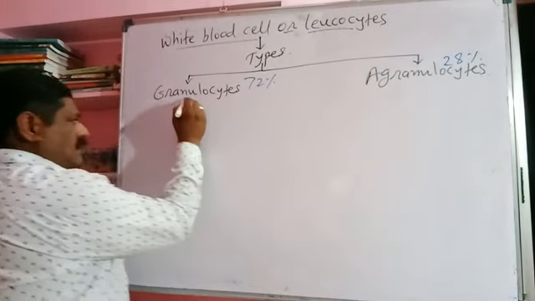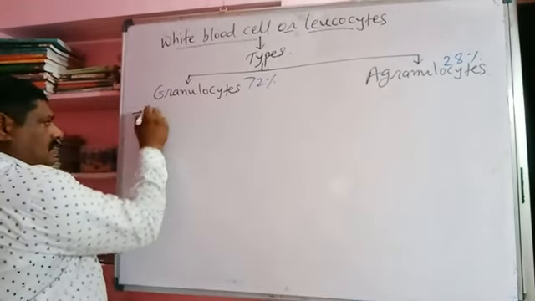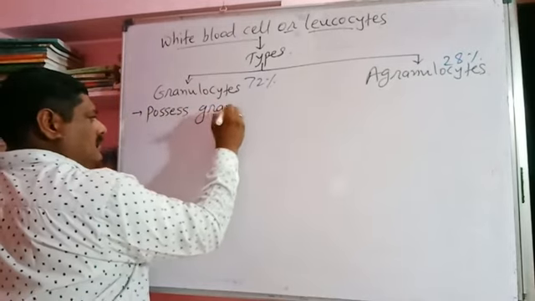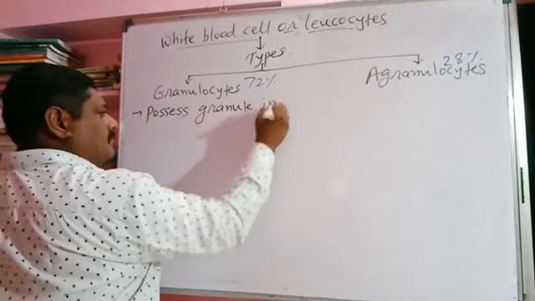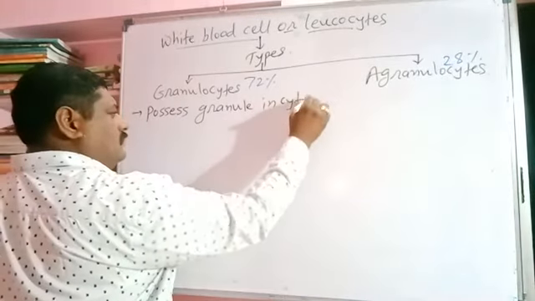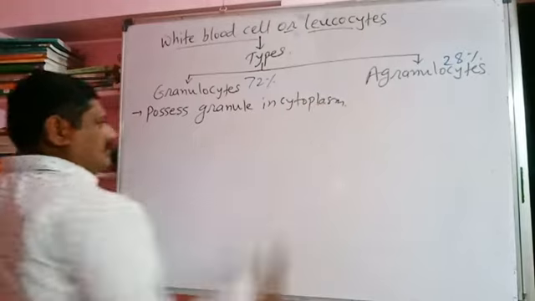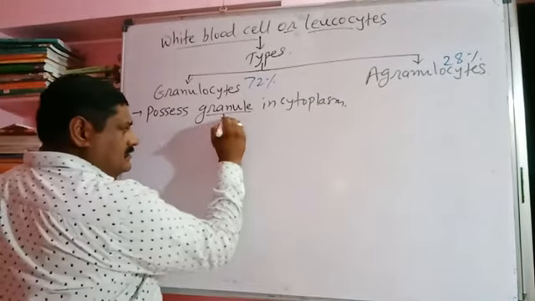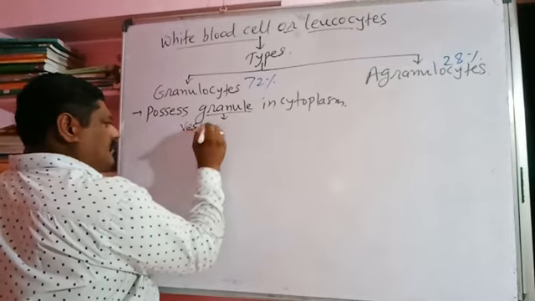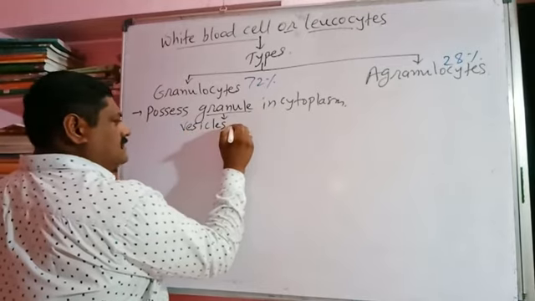The granulocyte WBCs possess granules in their cytoplasm. The granules are vesicles that are secretory in function.